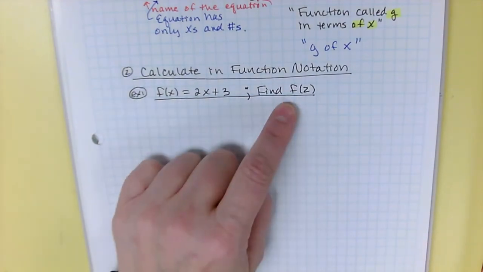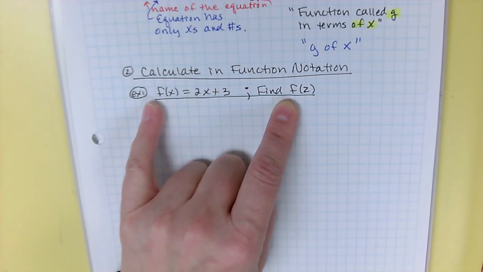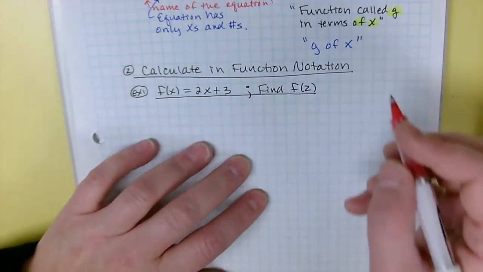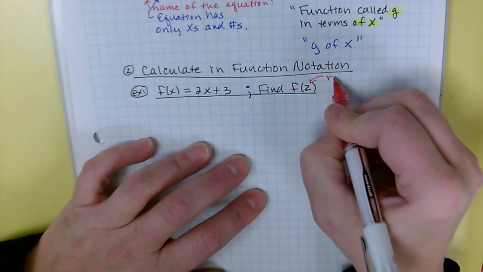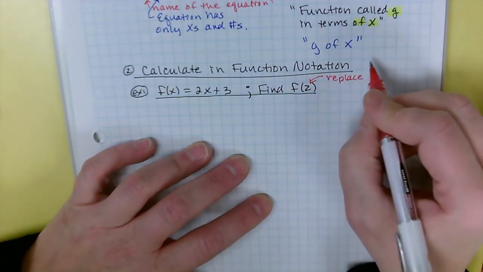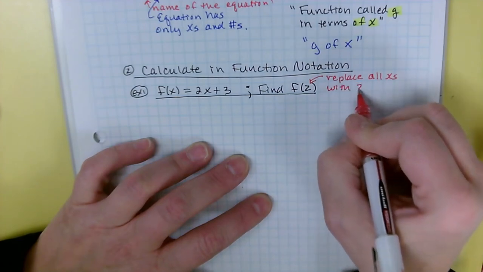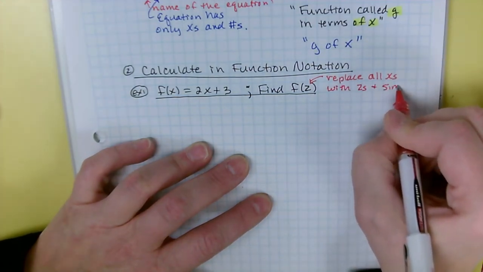Okay, so f of 2 says you're going to use equation f. So it tells you which equation, because in some of these you're going to have more than one equation listed. So the f tells you which equation. And the 2 says that you're going to replace all x's with 2's and simplify.